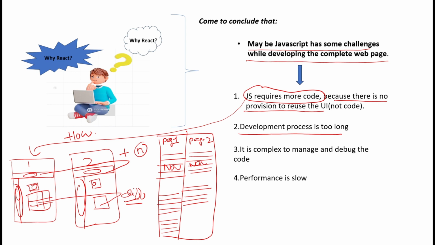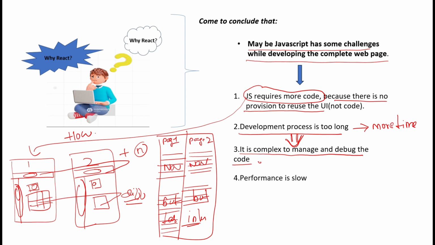Navbar code, button code, table code, and user interface code. How much time is needed? It requires more time. And if we have more lines of programs, it is complex to manage and debug the code.